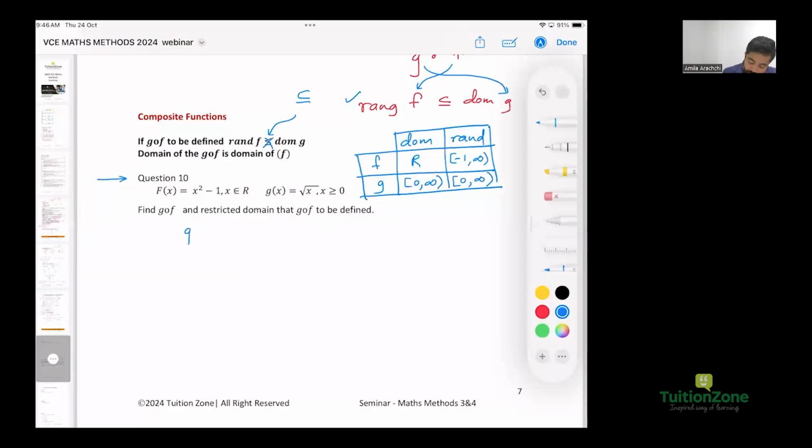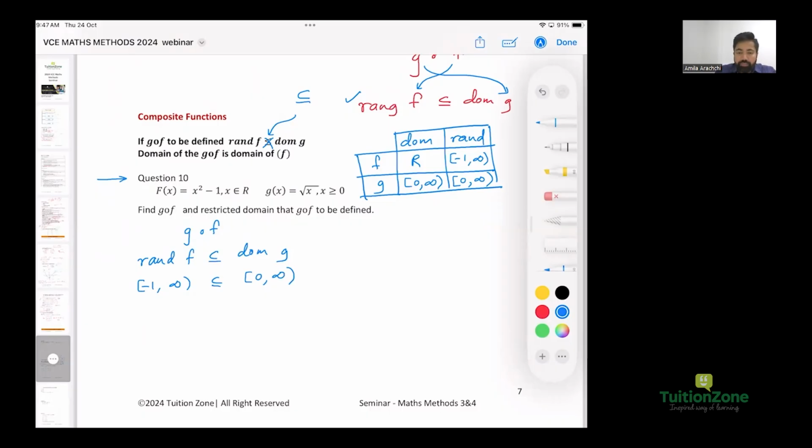Let's write it down. For g dot f, the range of f must be a subset or equal to the domain of g. What's the range of f? -1 to infinity. Subset or equal to the domain of g, 0 to infinity. Is that defined or not? Anyone?